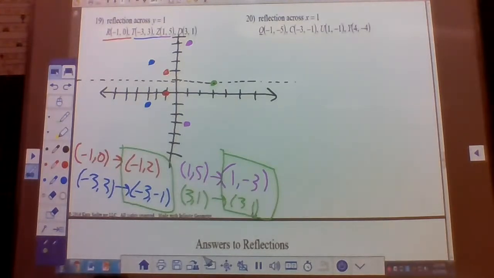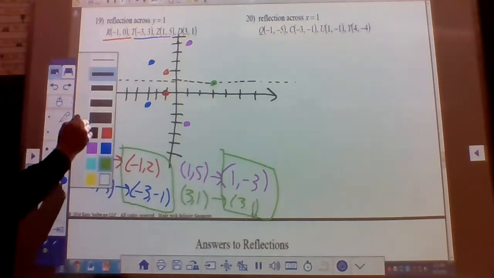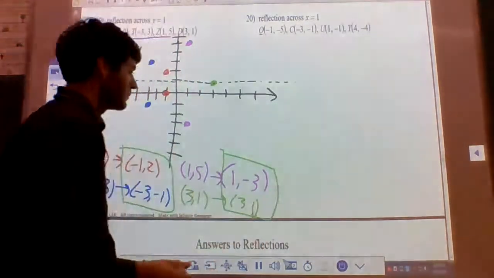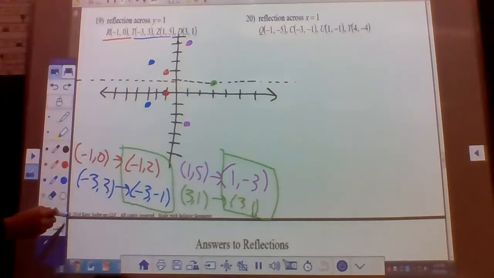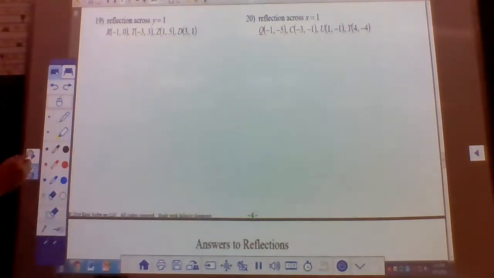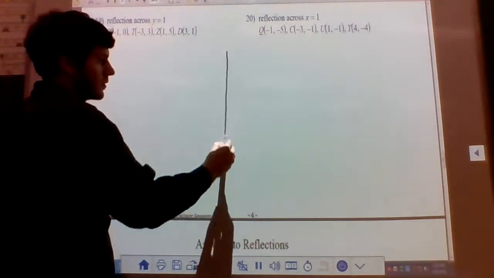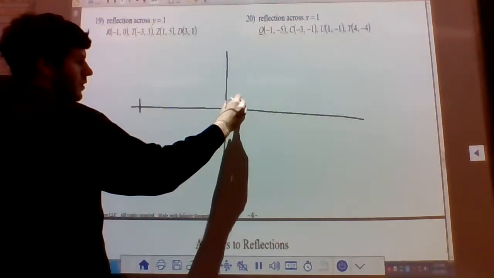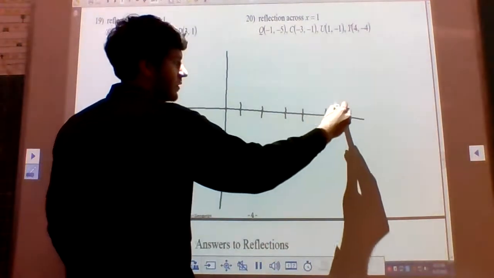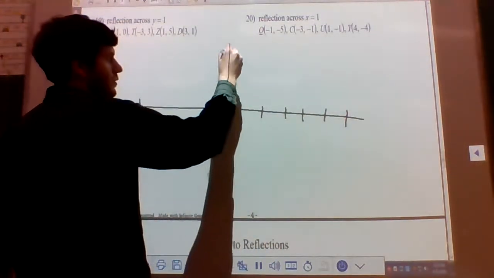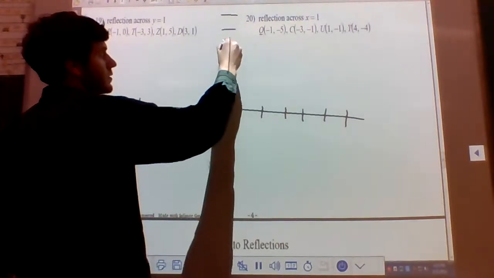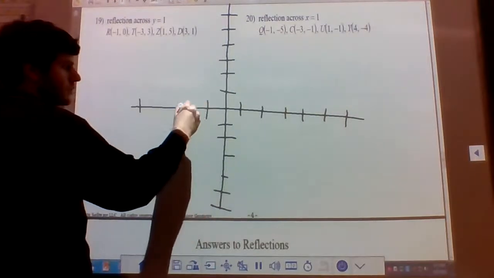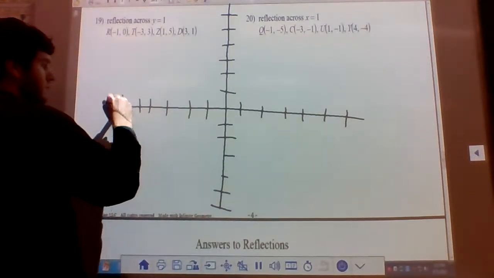Okay, next one we want to reflect across the line x equals 1. I'm going to erase all this. 1, 2, 3, 4, 5, 6 in each direction.